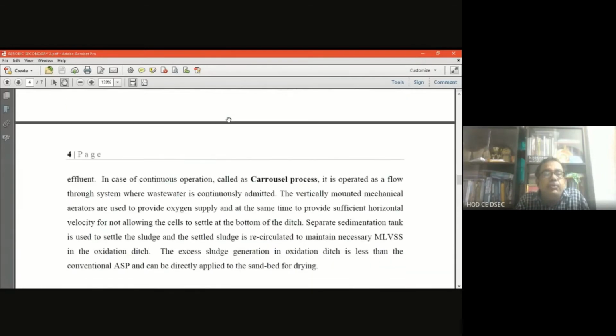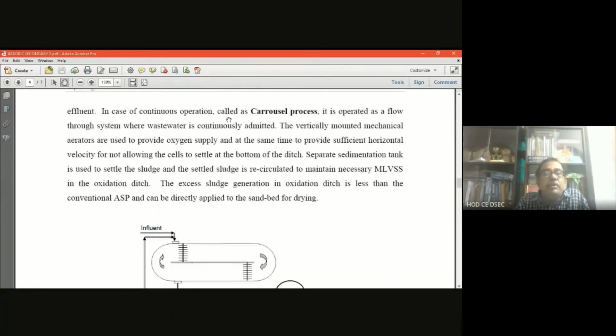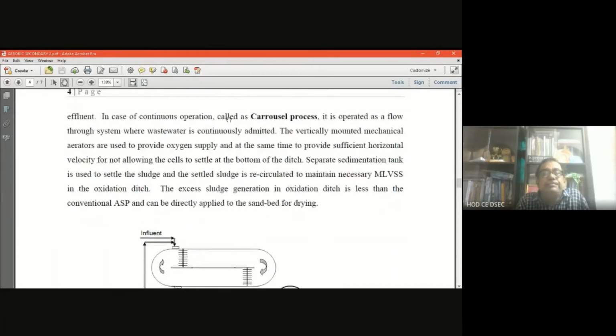And in case of continuous operation, it is operated as a flow-through system where wastewater is continuously admitted. Vertically mounted mechanical aerators are used to provide the oxygen supply and at the same time to provide sufficient horizontal velocity, so as not to allow the cells to settle at the bottom of the ditch.